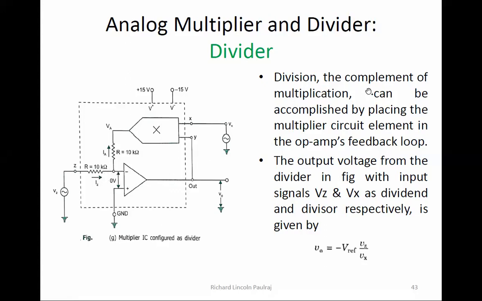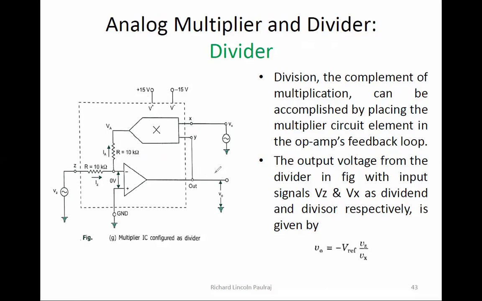Division, the complement of multiplication, can be accomplished by placing the multiplier circuit element in the op-amp's feedback loop. Instead of having a feedback resistor, which we generally connect, here I'm just keeping a multiplier circuit, so this is working as a feedback network for me.